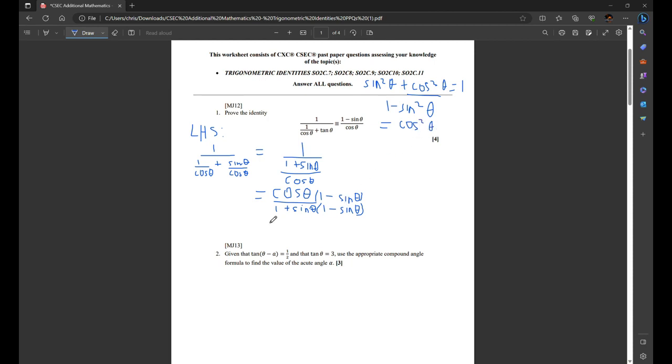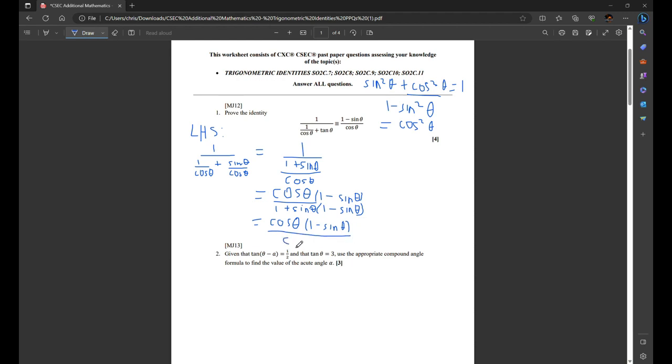So let's do that. When you do that, you're going to have cos theta times 1 minus sine theta. I'm not going to expand this numerator for a reason that you'll see right now.